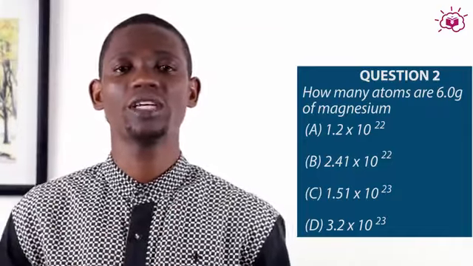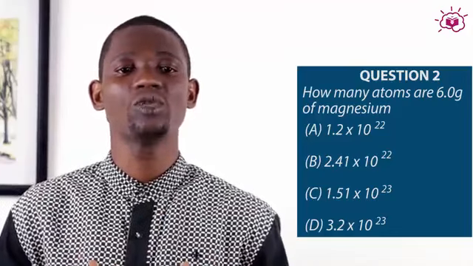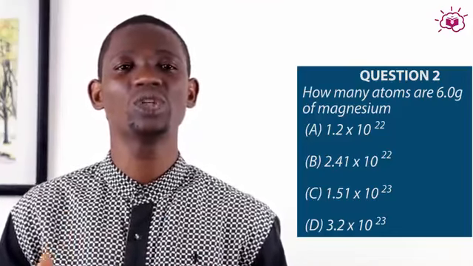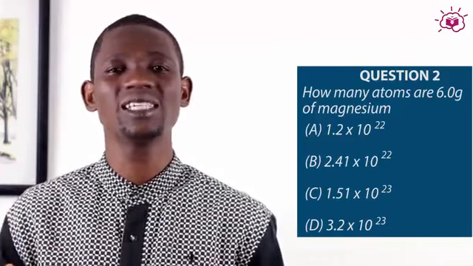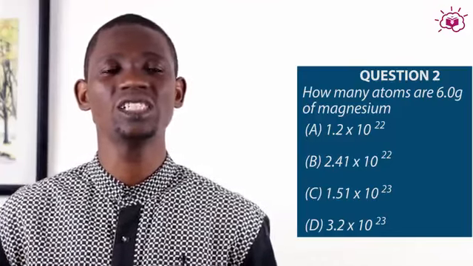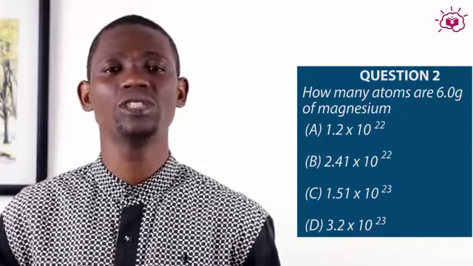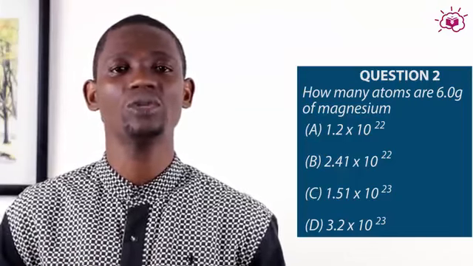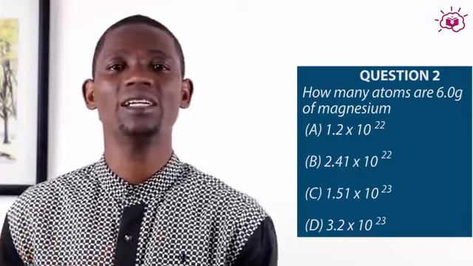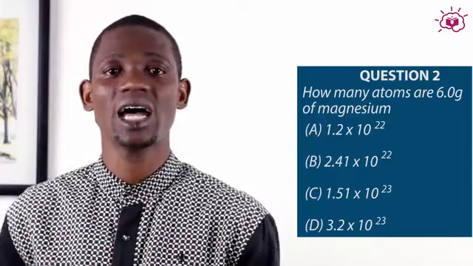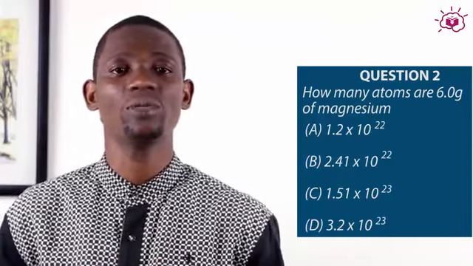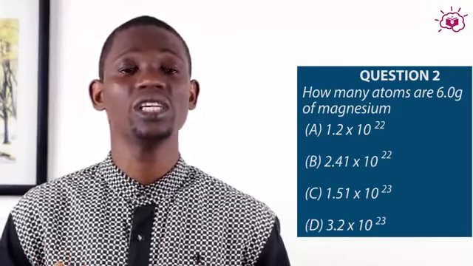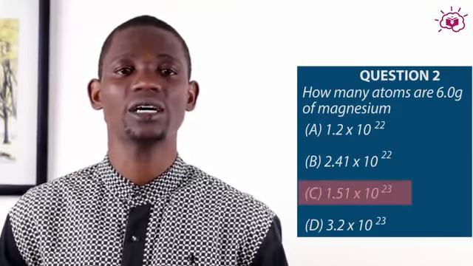On cross multiplication, x will be given by 6.02 times 6 times 10 raised to the power 23 divided by 24. On solving, our answer is 1.51 times 10 raised to the power 23 atoms, designated by option C. So C is the correct answer.